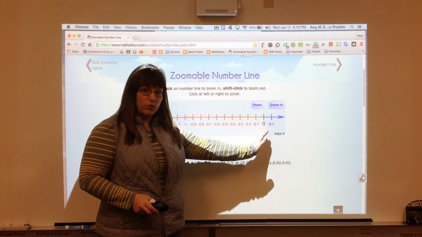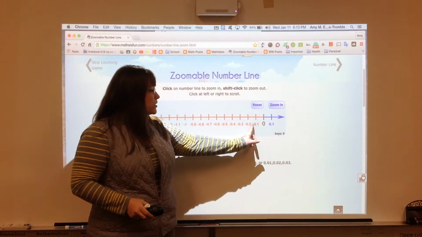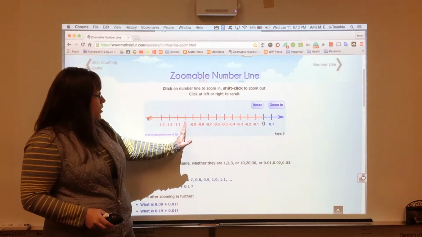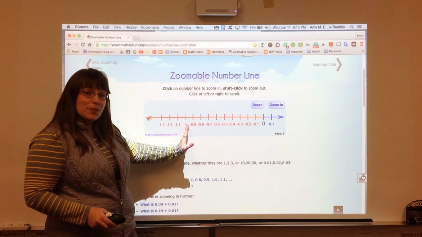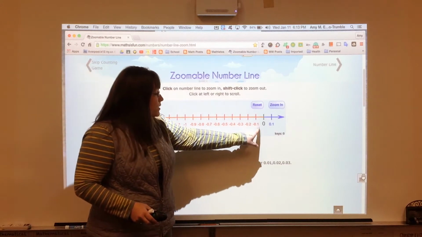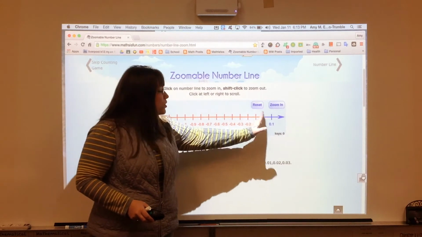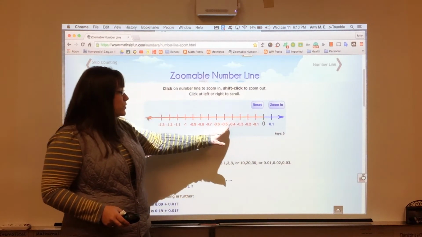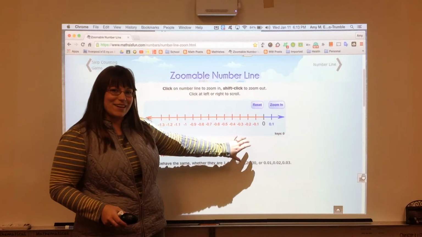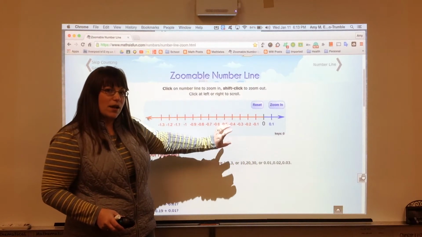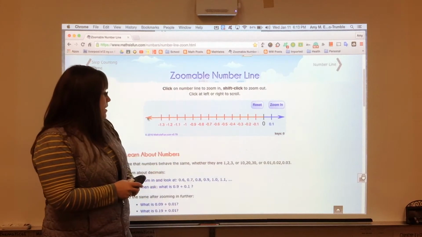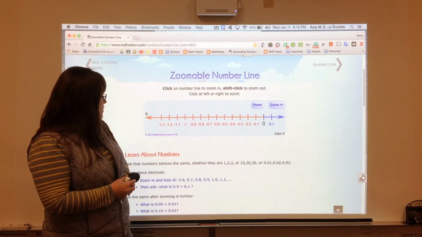Just like with whole numbers, the digits 1, 2, 3, 4, 5, 6, and so on, get bigger. So negative 1/10 is closer to 0 than negative 2/10. So you really have to understand how the negative side of the number line works when we're dealing with small numbers. And again, this is just a piece of the number line.